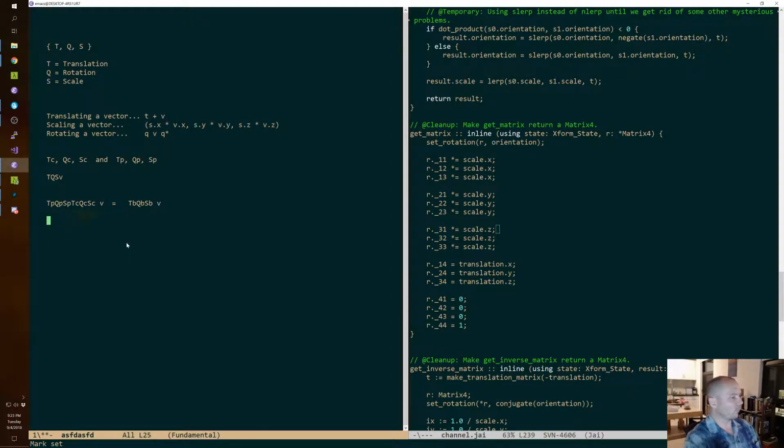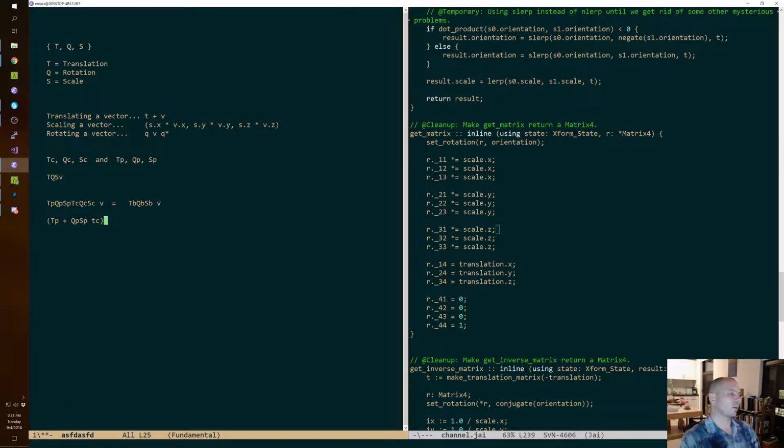So we want TP plus QP SP TC, that's lowercase. This is saying, if we're going to translate, then we rotate the translation and scale by the parent stuff. Oh, that's actually not right.